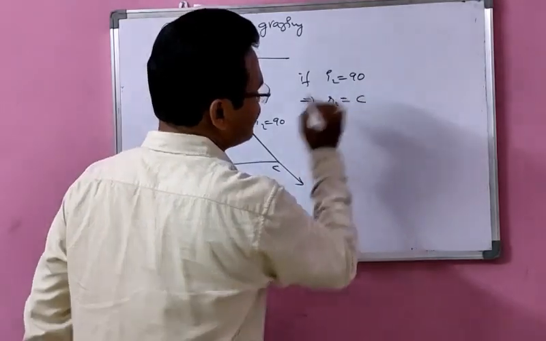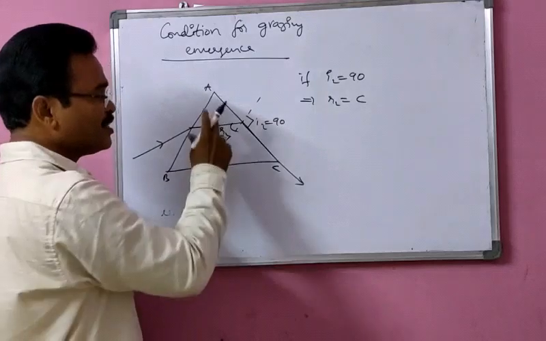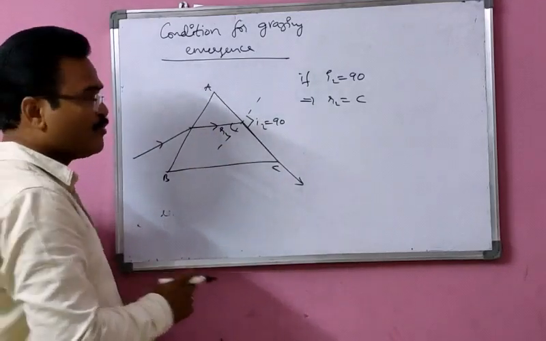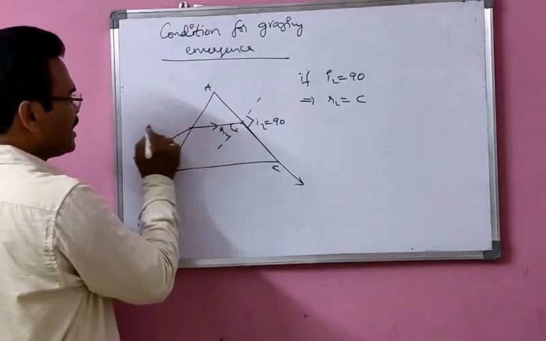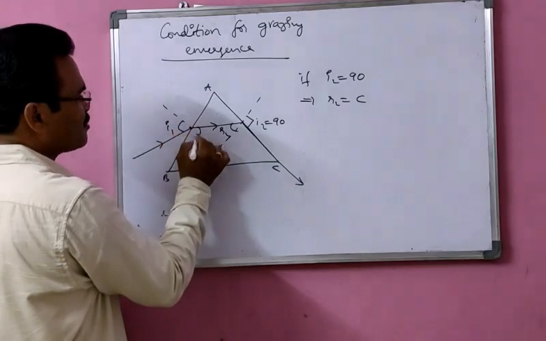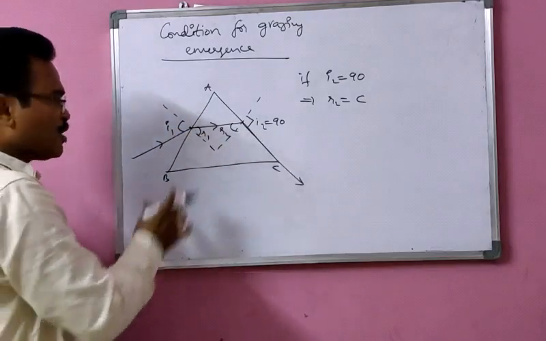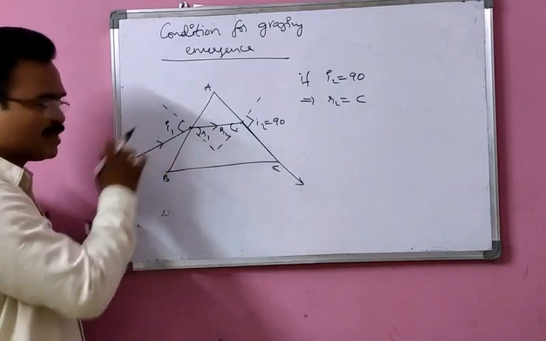R2 equal to C, the critical angle. C is the critical angle of the material of the prism. Now, if R2 equal to C, this angle is called I1, and this is called R1. So what could be the minimum and maximum values of R1 and I1 here?